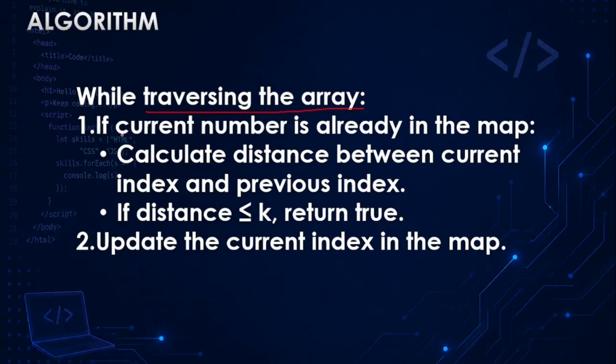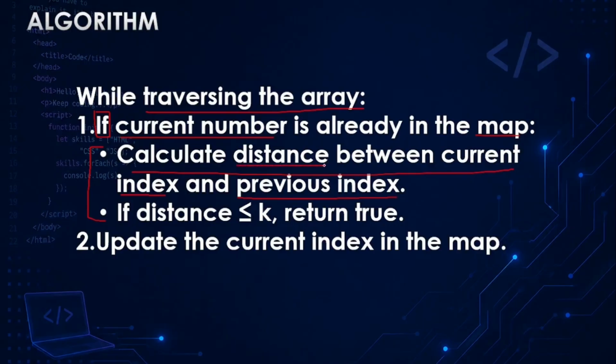While traversing the array, if the current number is already there in my hash map, then these two subpoints would execute. Basically, this is an if statement to check if the current number is inside the hash map or not. If it is there, I'll calculate the distance between the current index and the previous index of that element, which I'll fetch from my hash map.